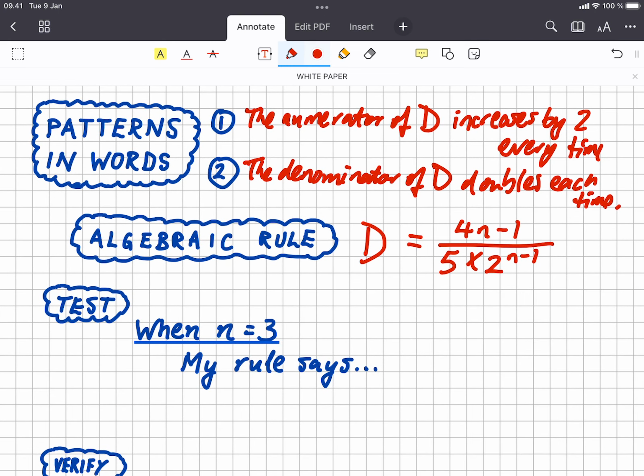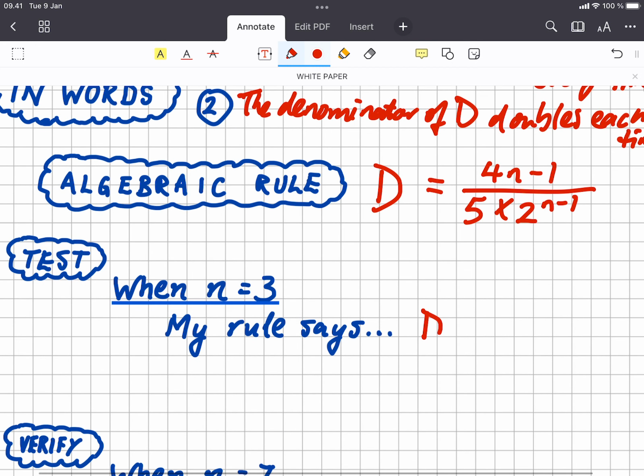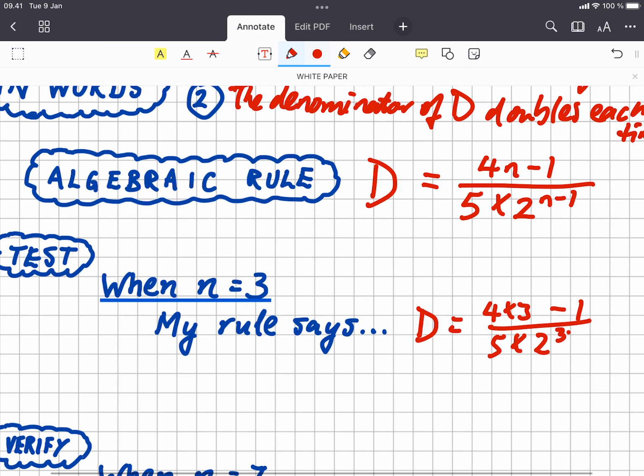Okay, so testing and verifying. When n equals 3, my rule says D equals 4 times 3 minus 1 over 5 times 2 to the power of 3 minus 1, which is 12 minus 1 over 5 times 4, which is 11 over 20.